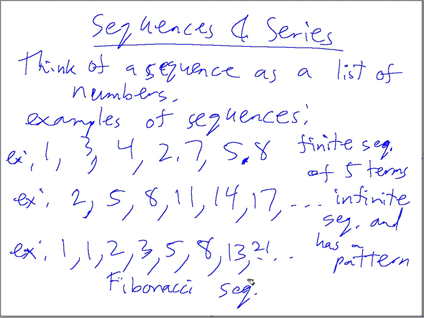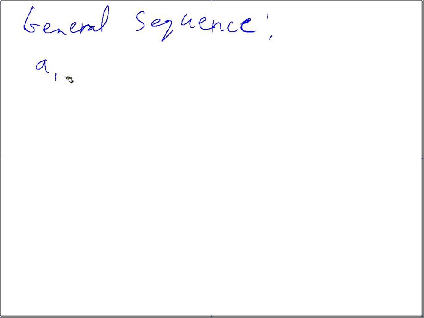But anyways, let's look at the general sequence here. Let me go and clear up the screen. So we mentioned the first number is the first term. So here's the general sequence then. The general sequence is going to be written as A sub 1 for the first term, A sub 2 for the second term.